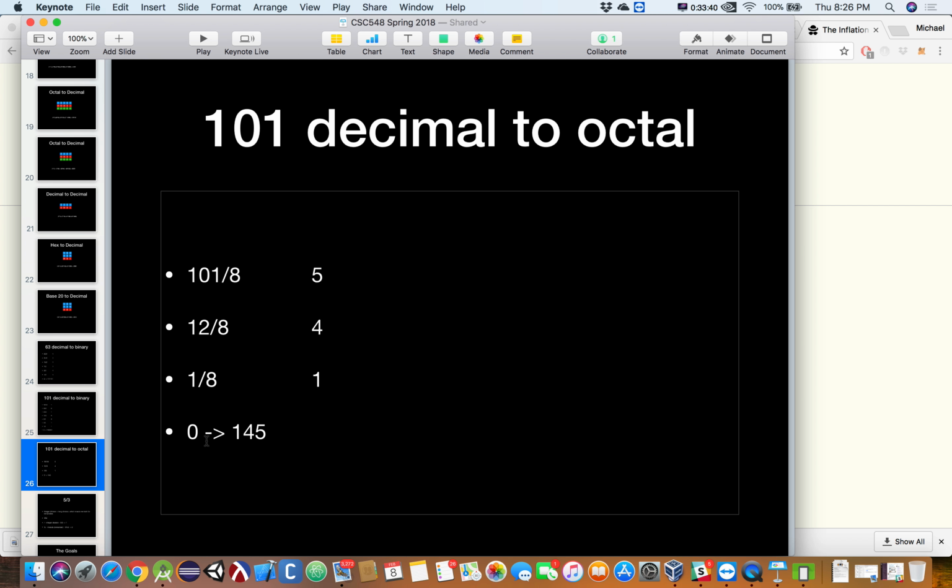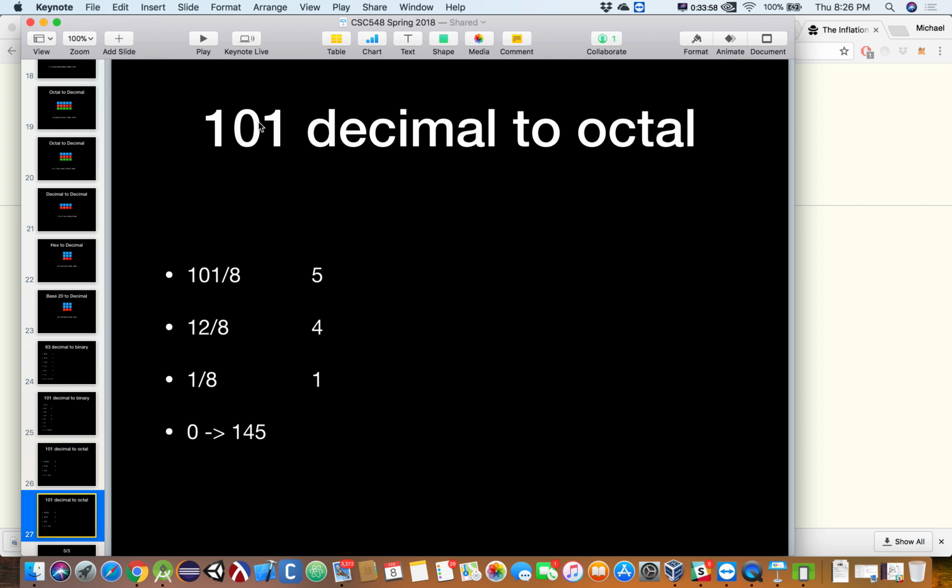Although you could really go octal to hex shorter because you can kind of incorporate the binary trick in there and move pretty quickly. All right, and we'll see that. But it's not really a shortcut. It's just kind of convenient.